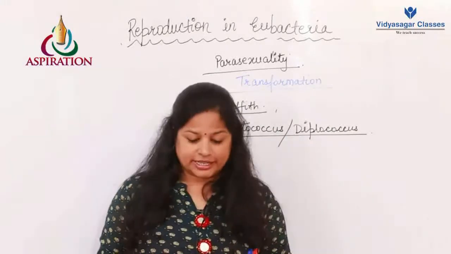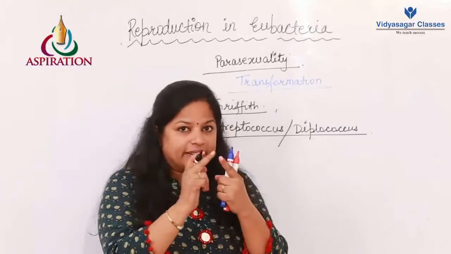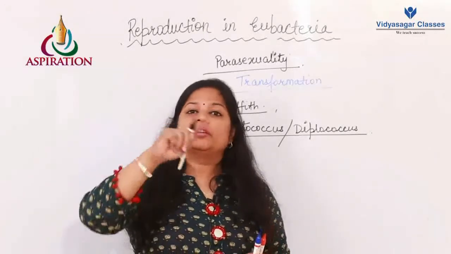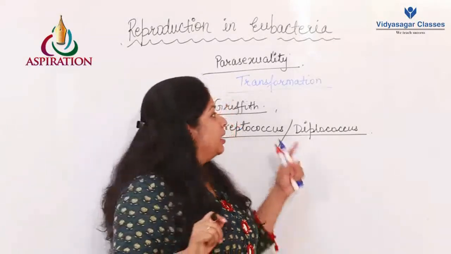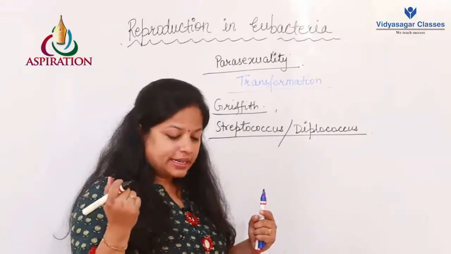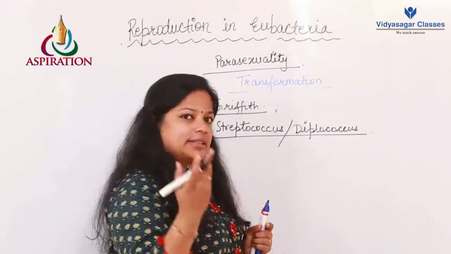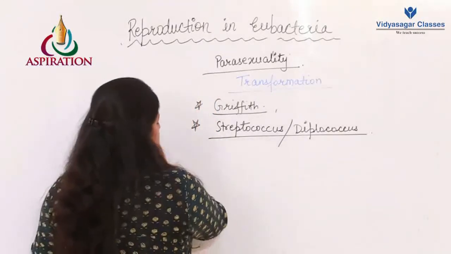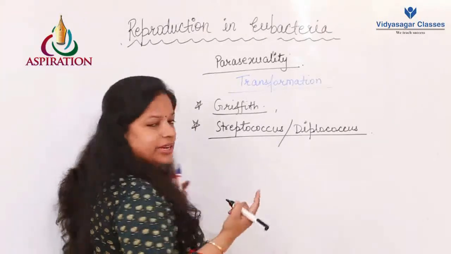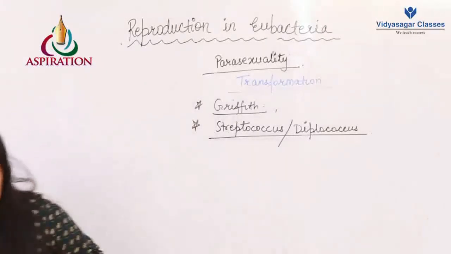In transformation, there is no direct contact between two bacteria. The bacteria absorbs the DNA present in the environment and gets transformed. That's why it is known as transformation. So let's see Griffith's experiment.